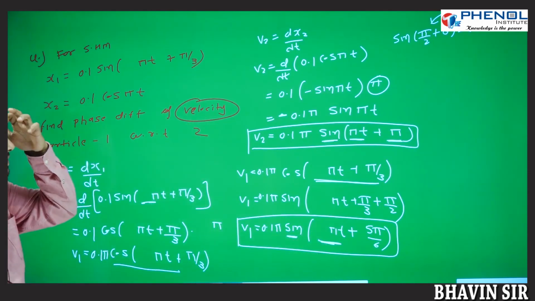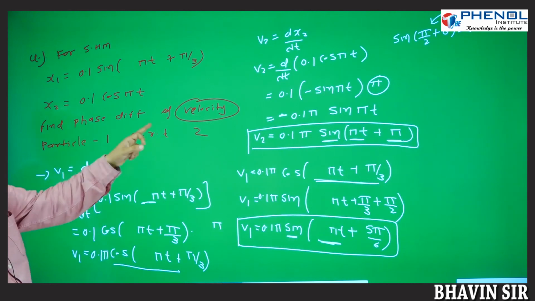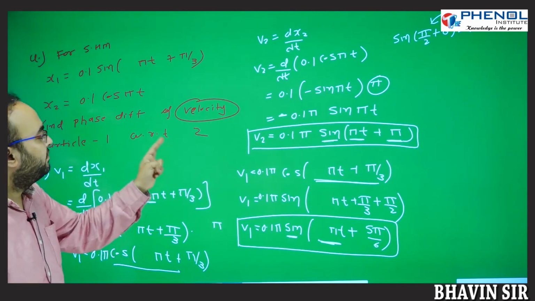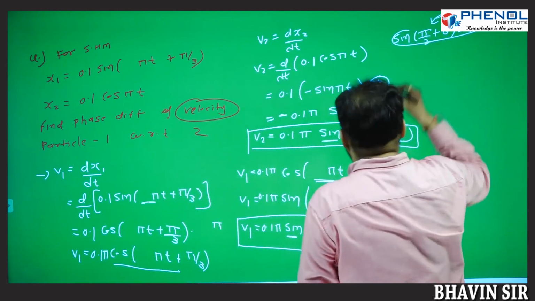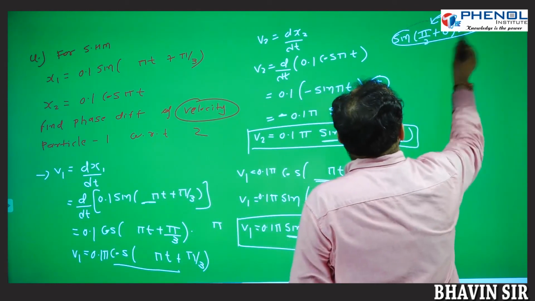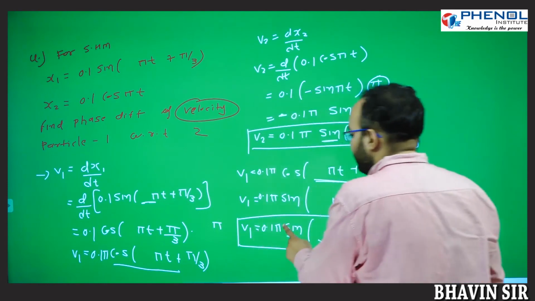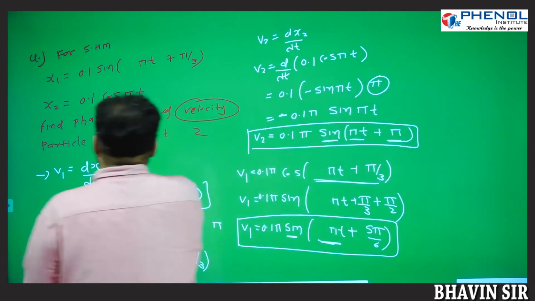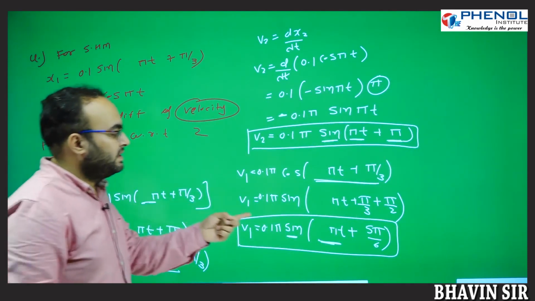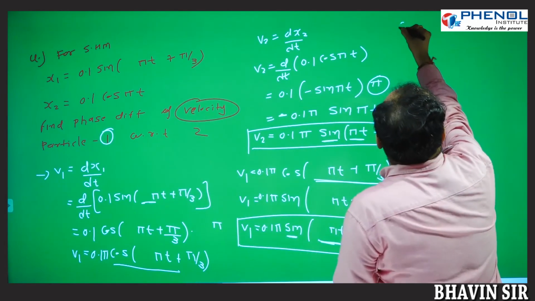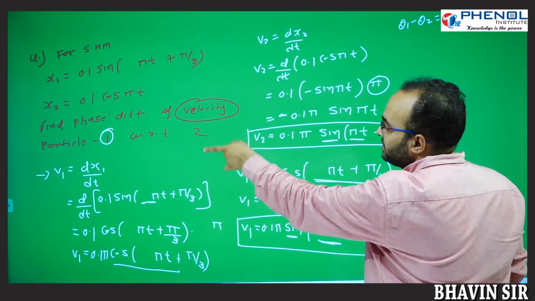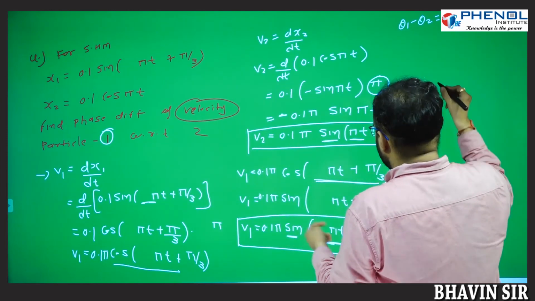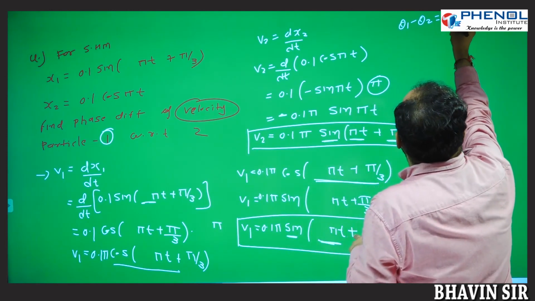Chalo, now we want to find the phase difference of velocity of particle 1 with respect to particle 2. So first we consider 1, because it is mentioned first. So theta 1: why do we consider 1 here? Because it is the velocity of particle 1 with respect to 2. So what is the phase?